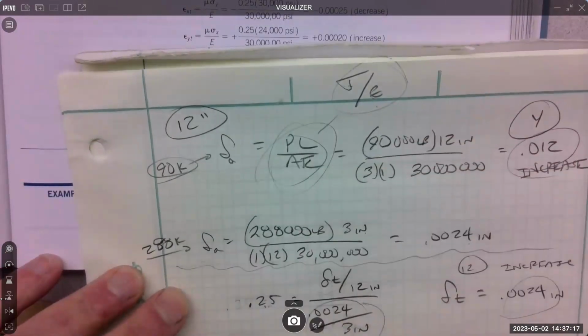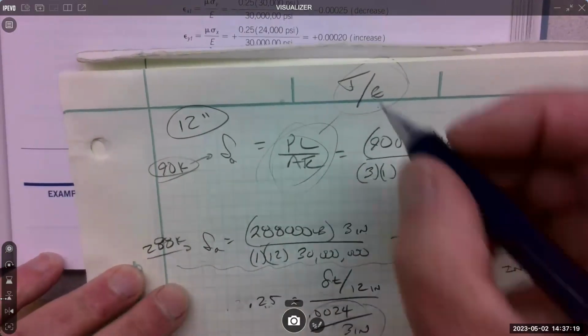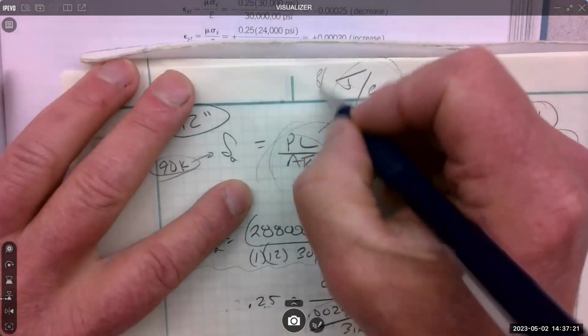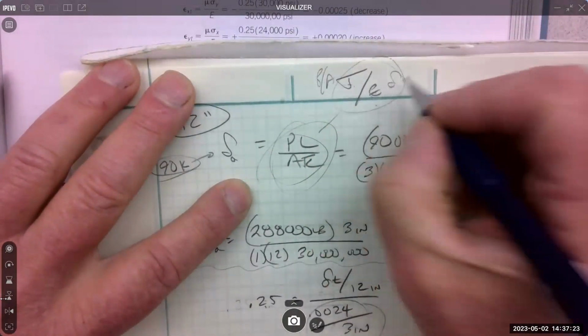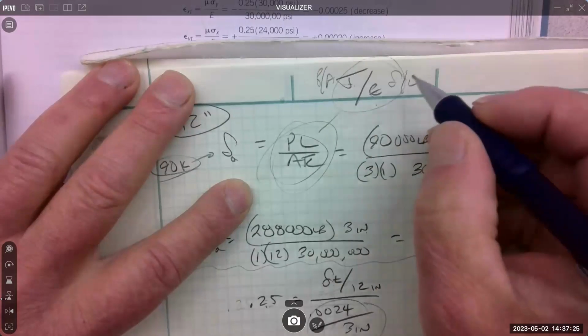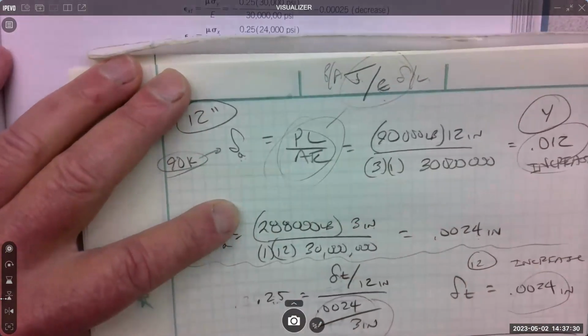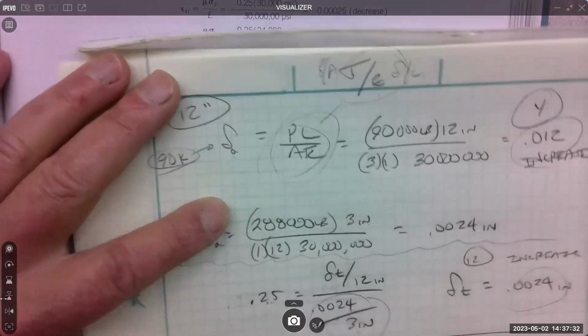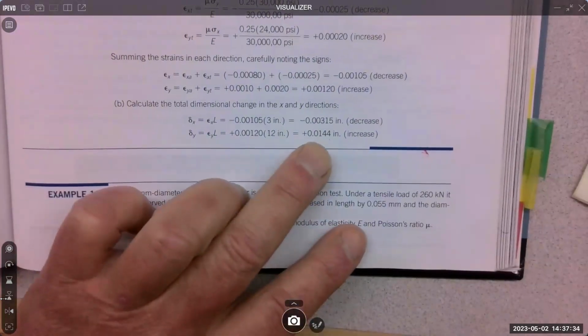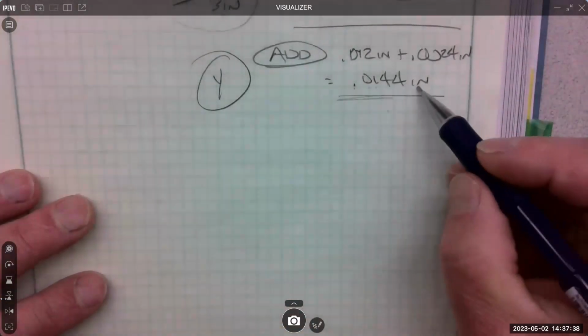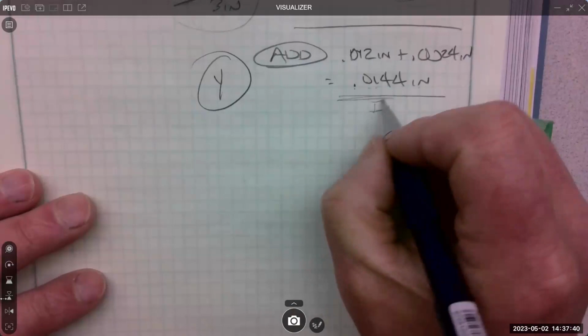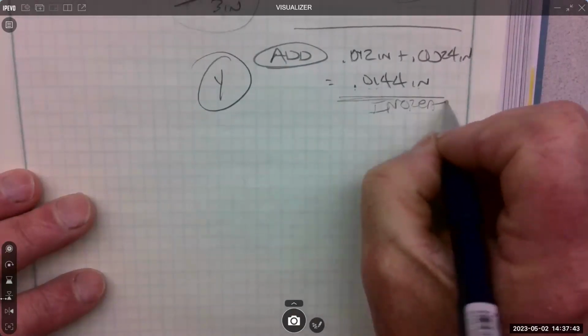If you take this and turn it into P over A, and you take this and turn it into change over L, and then massage all this, you'll get the same equations. So yeah, it did work. Same exact number, 0.0144 increase. So we're good on our process.